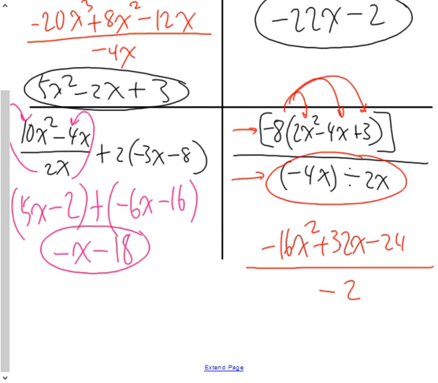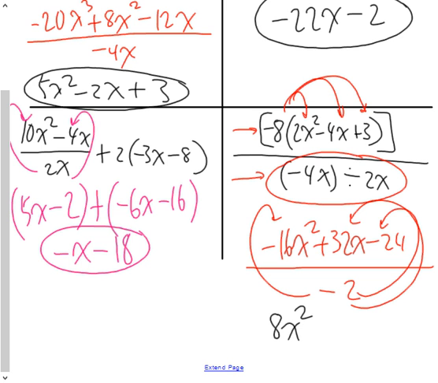Now I'm going to use the distributive property to divide each of these terms in the top by negative 2, giving me the solution of 8x squared minus 16x plus, not minus, 12, because negative 24 divided by negative 2 is a positive 12.